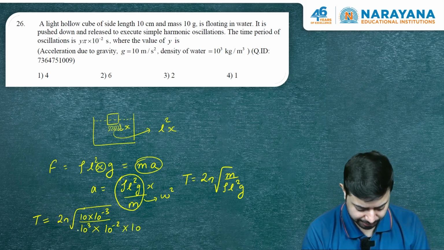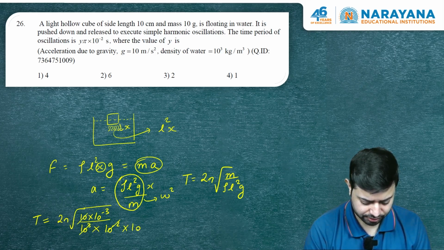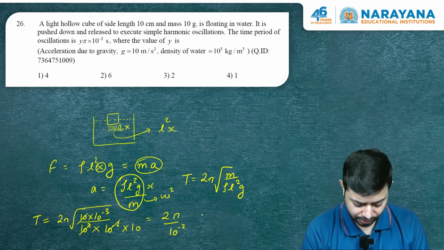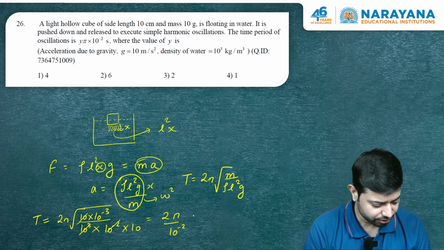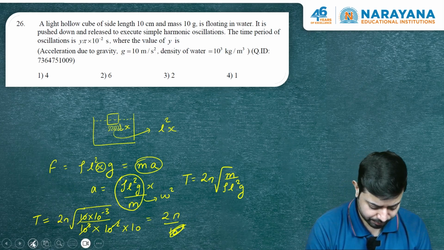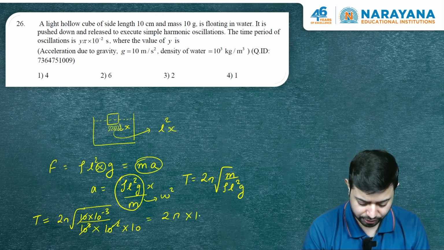So, what is this number coming out? It seems to be a good number. 10 to the power 3 cancelled, and therefore this is just 10 to the power minus 4, root of it 10 to the power minus 2. So the time period will be 2 pi into 10 to the power minus 2.